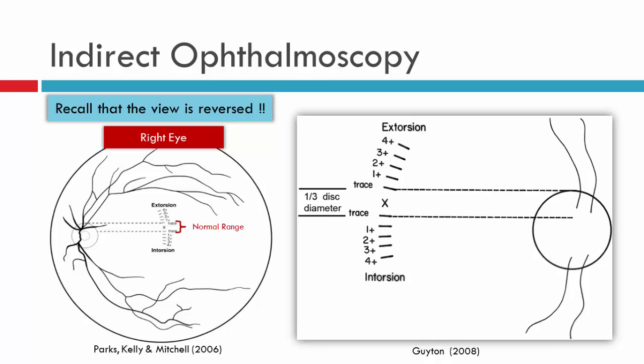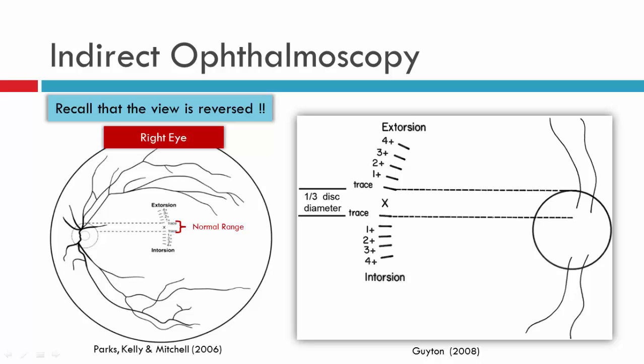Indirect ophthalmoscopy will mean that the view is reversed. So here to the left, we have the right eye. So we'll be inverted vertically and inverted horizontally. So what does this mean for the torsion?